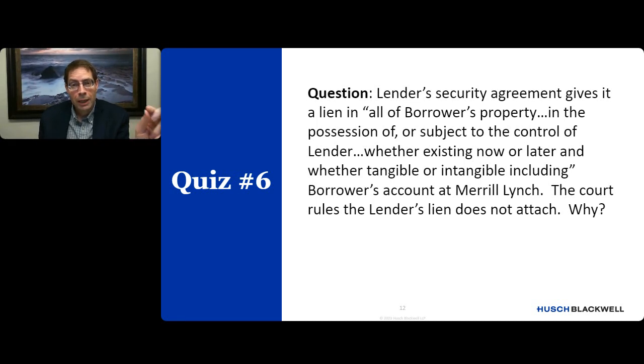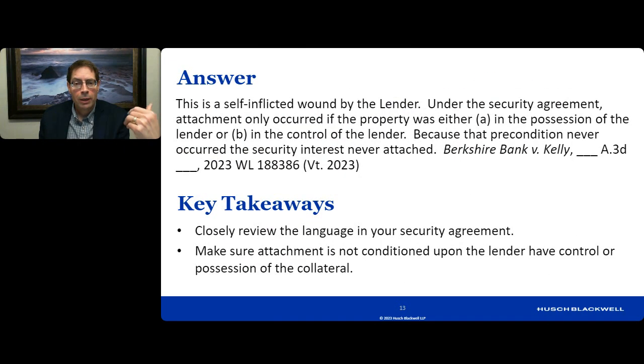And the lender also did not have a deposit account control agreement with Merrill Lynch. So this precondition of in the possession or subject to the control of the lender wasn't satisfied, and therefore the lien did not attach. So this is just a pure self-inflicted wound that happened here based on the wording of the security agreement.